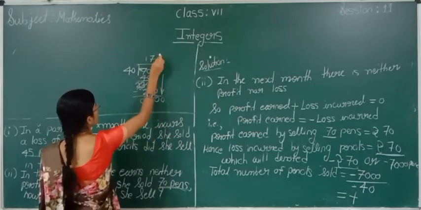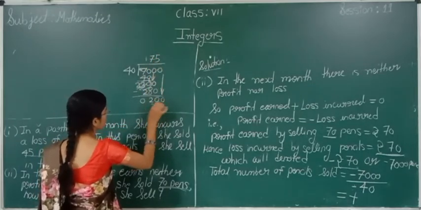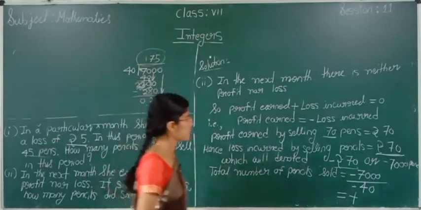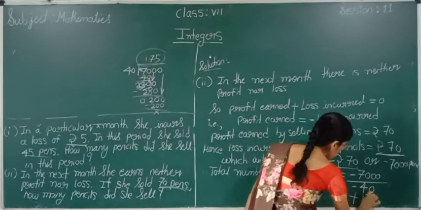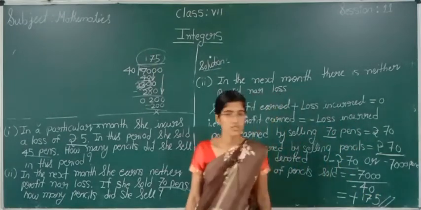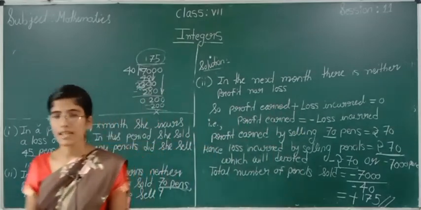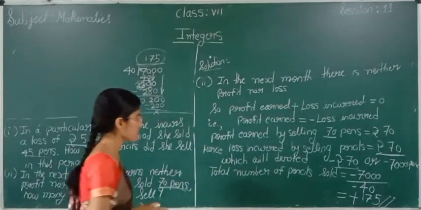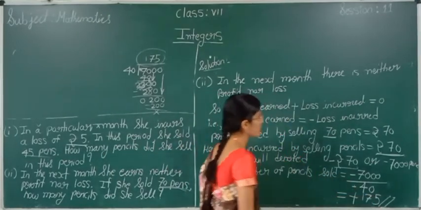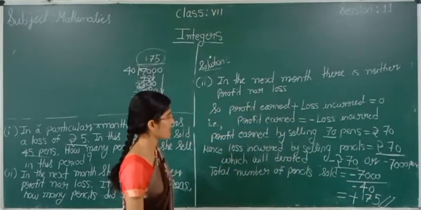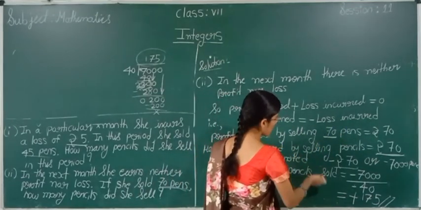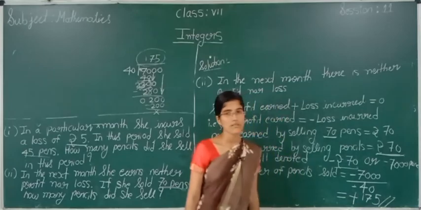Now 40 fives are 200. What is the number of pencils sold? That is nothing but 175. Okay, she has neither profit nor loss. The number of pens sold are 70 and the number of pencils sold are 175.